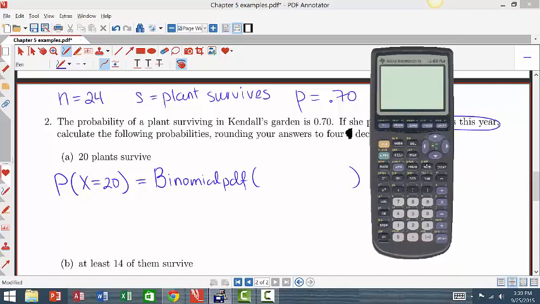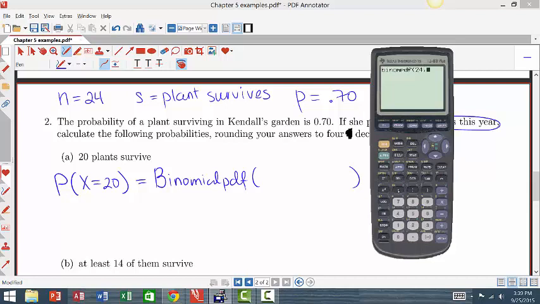Let's turn this on. We go to second vars, or distribution, and then we scroll and find the command that says binomial PDF. We select this, and the syntax goes as follows. First, you need to tell how many trials there are in this experiment, so 24 in our case, comma.